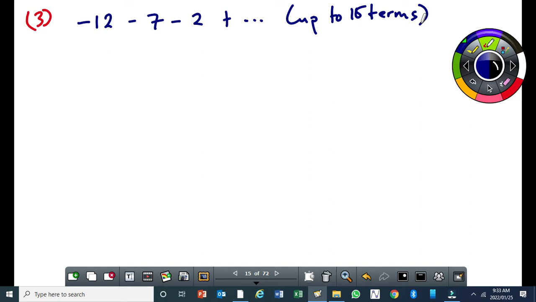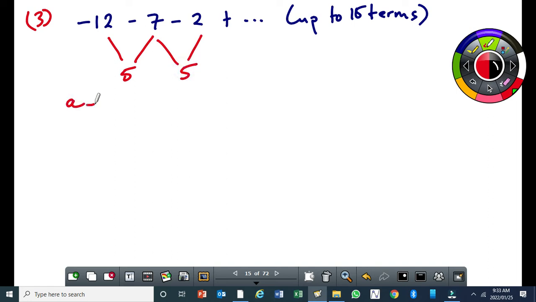Please be aware that since there's a minus here, there's a minus, it means the terms in this series are what? Negative. Okay? So when you try to find your d, it's going to be minus 7 minus minus 12. That will give you a 5. Minus 2 minus minus 7, that will give you a 5.